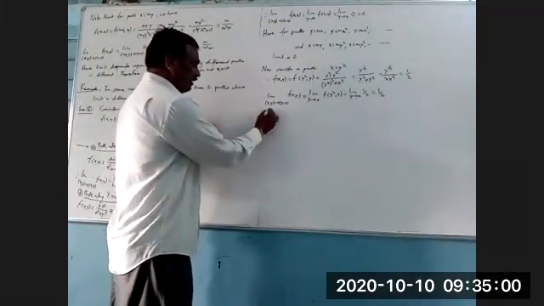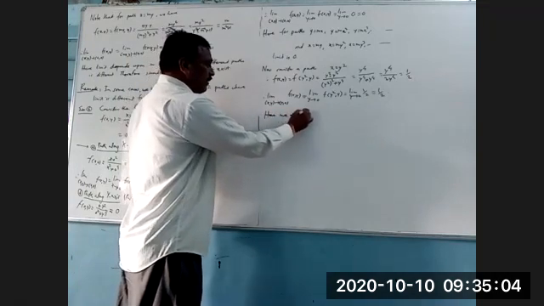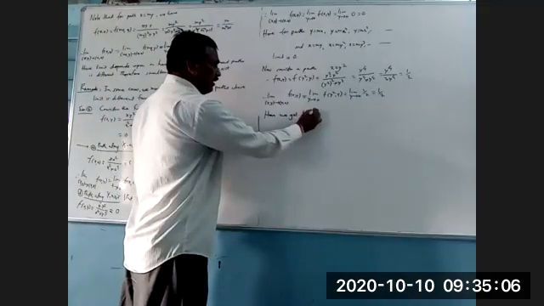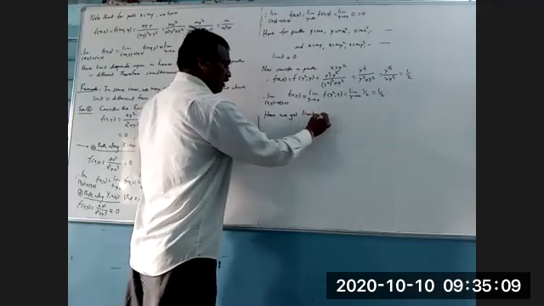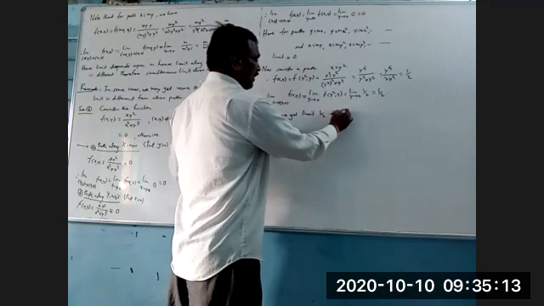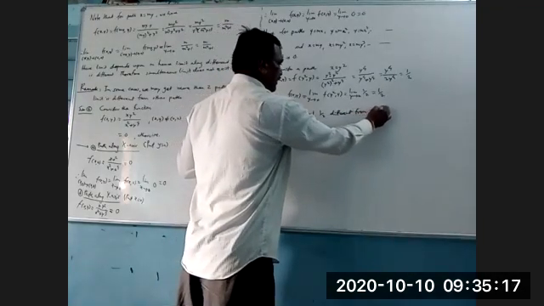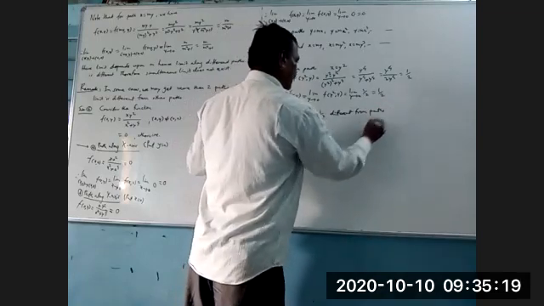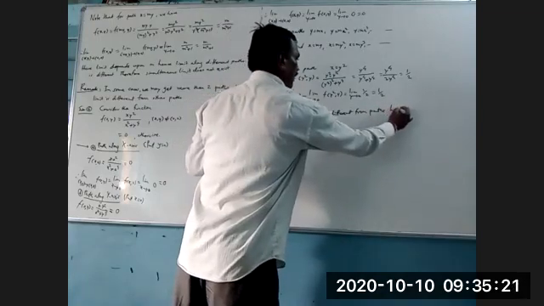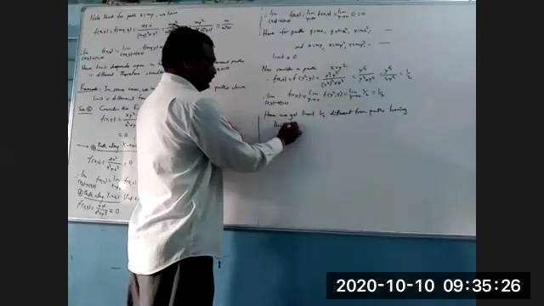Therefore here we got limit half, different from paths having limit 0.